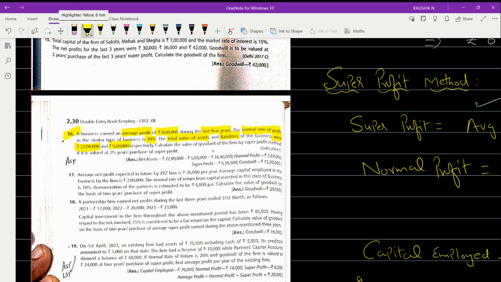Calculate the value of goodwill of the firm by the super profit method, if it is valued at 2.5 years purchase of super profit. So these are the conditions given to us.